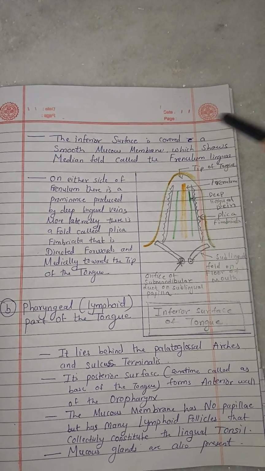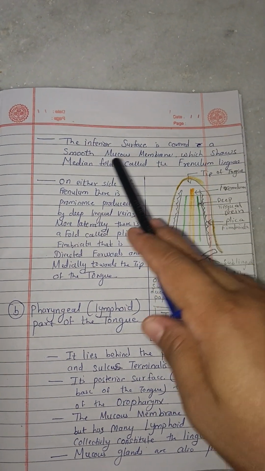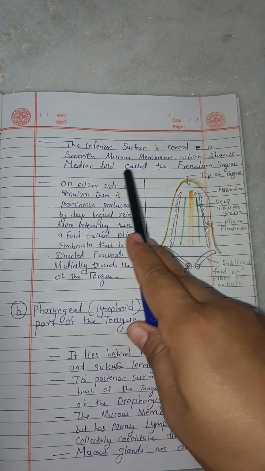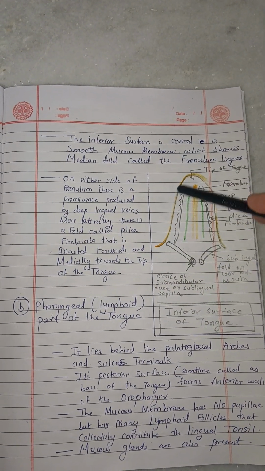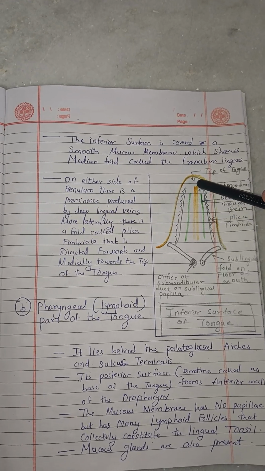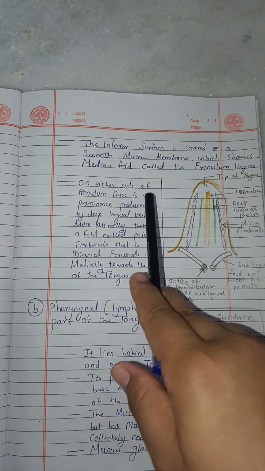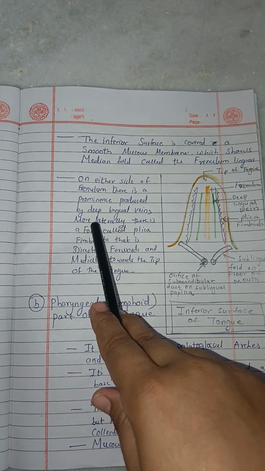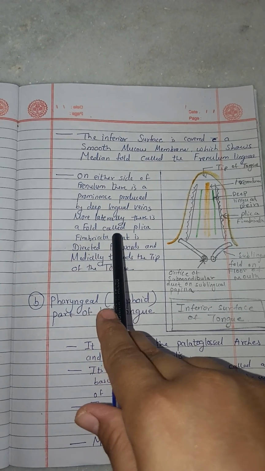We will now study the inferior surface of the tongue. The inferior surface is covered with a smooth mucous membrane, which shows a median fold called the frenulum linguae. So this is the inferior surface of the tongue, and you will see one fold which is called the frenulum. On either side of the frenulum, there is a prominence produced by the deep lingual veins. More laterally, there is a fold called the plica fimbriata.